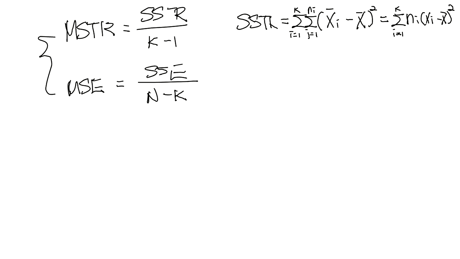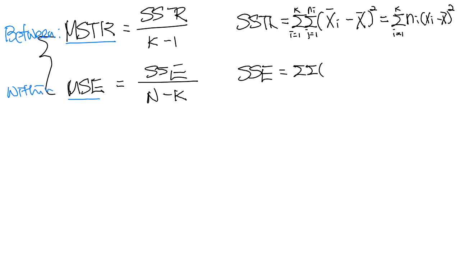And SSE is another double summation. I interpret SSTR as between groups, and MSE as inside, within groups.